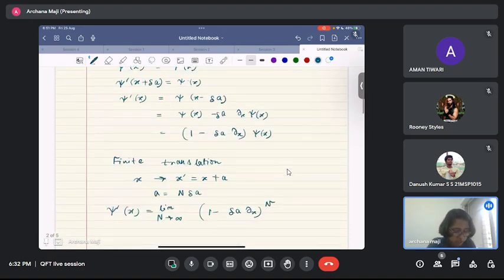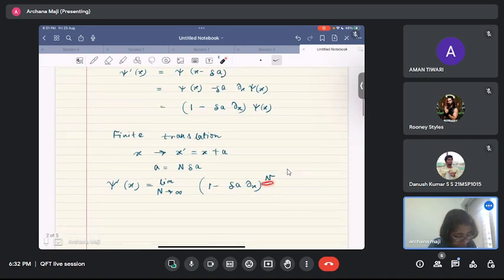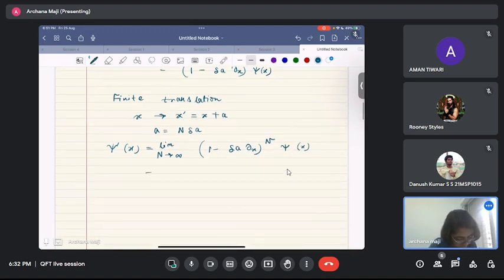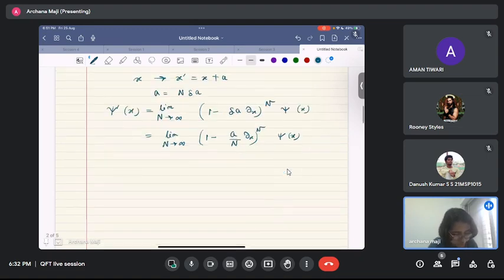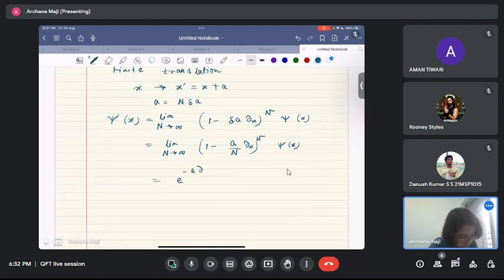So you are basically performing this infinitesimal translation n number of times. So that will give you the finite translation. Now you can replace that delta a by a divided by n, and you know very well this limit will give you exponential of minus a del x.